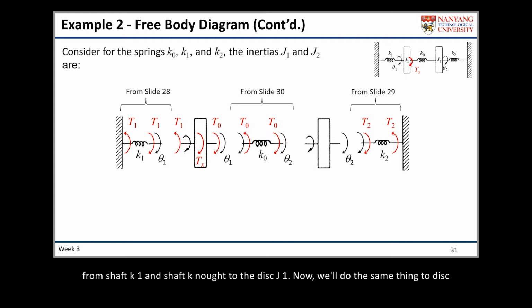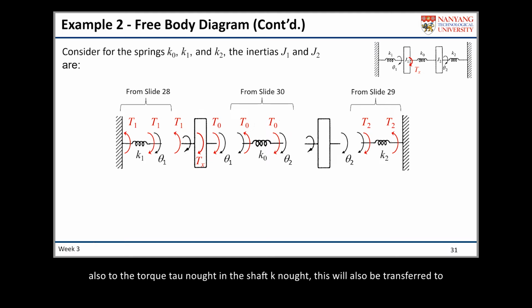Now I will do the same thing to this J2. At the left end of shaft K2, we have an action torque of tau 2. This will also be transferred to this J2, but of course the reaction torque will be in the opposite direction. Same thing also for the torque tau 0 in shaft K0.